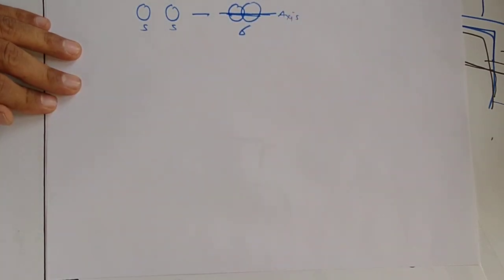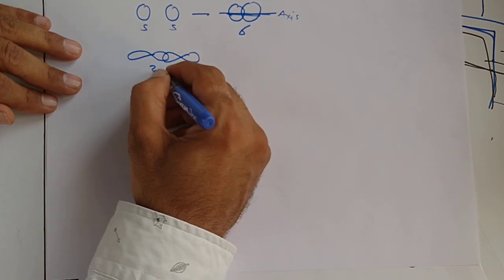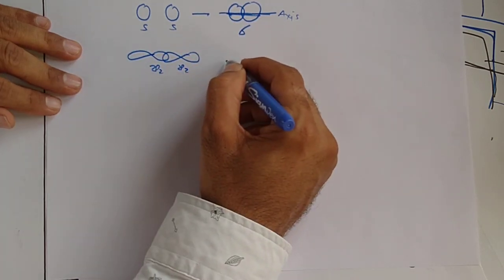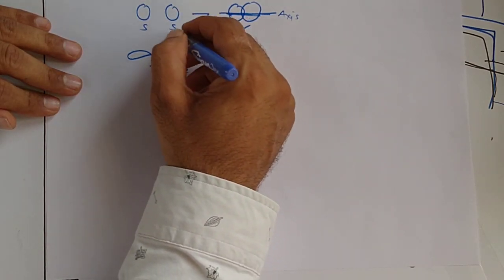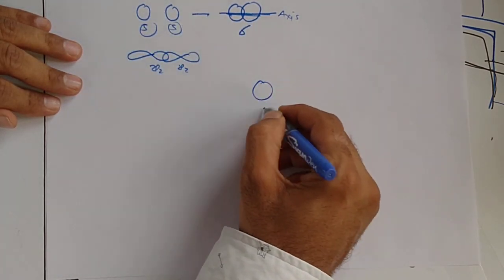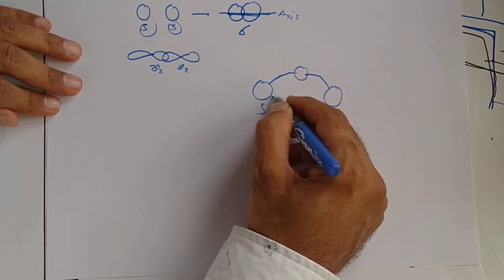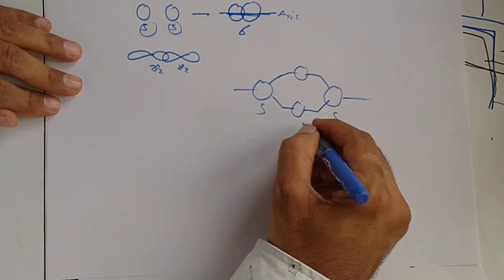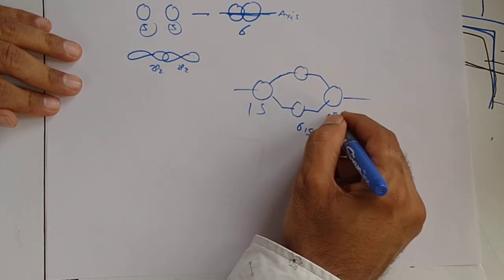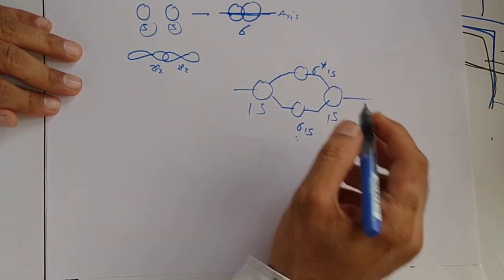Sigma bond occurs. If p and p, 2pz overlap, then listen: whenever two atomic orbitals are combining, they form two new molecular orbitals, sigma 1s and sigma star. Why sigma?